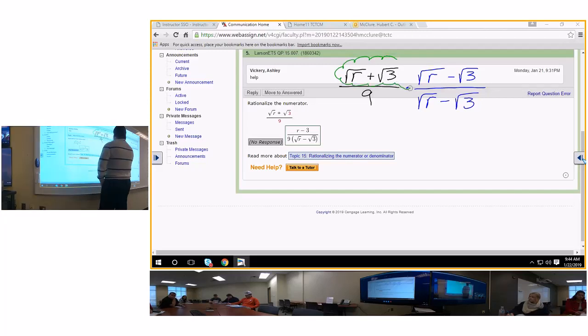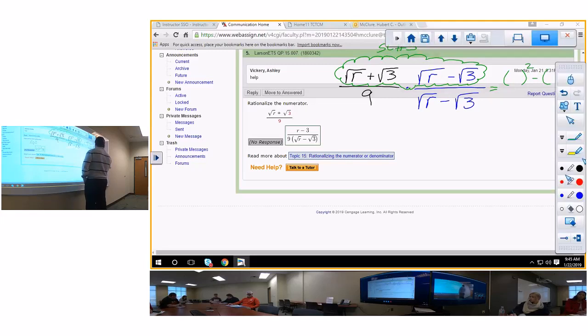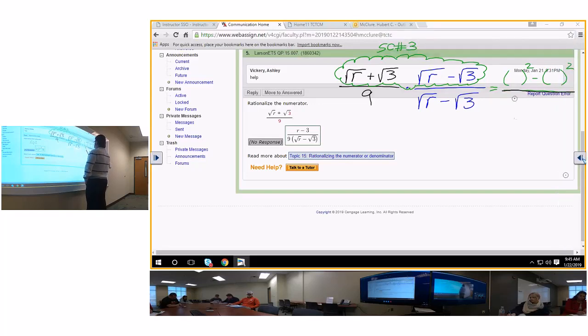This is called shortcut number 3: a plus b times a minus b is equal to parentheses squared minus parentheses squared, over 9 times square root of r minus square root of 3.